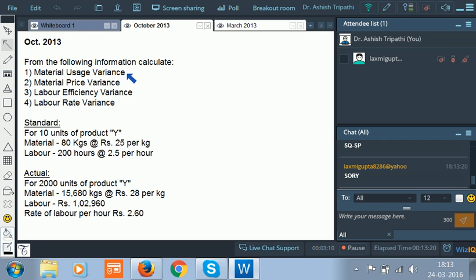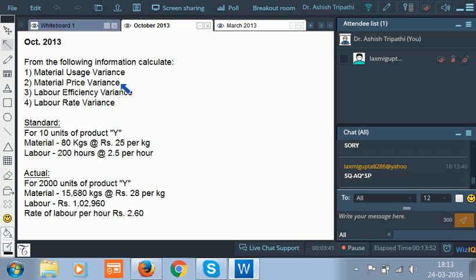Because until and unless we know the formula, we won't be able to solve this question. If you don't know, then I'll tell you. Standard quantity minus actual quantity into standard price. So this is the formula for material usage variance.